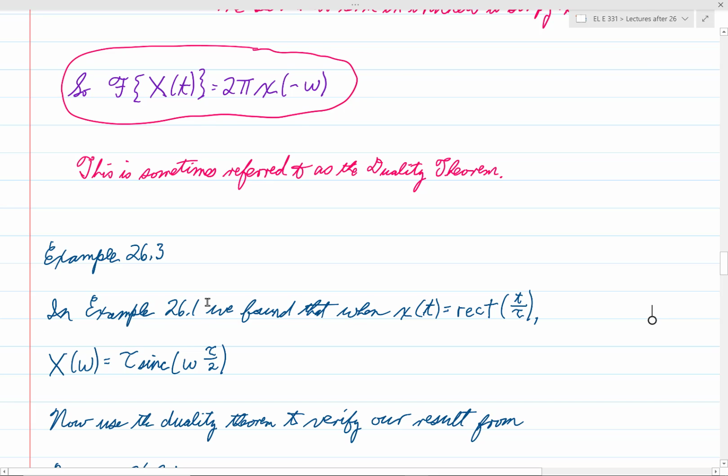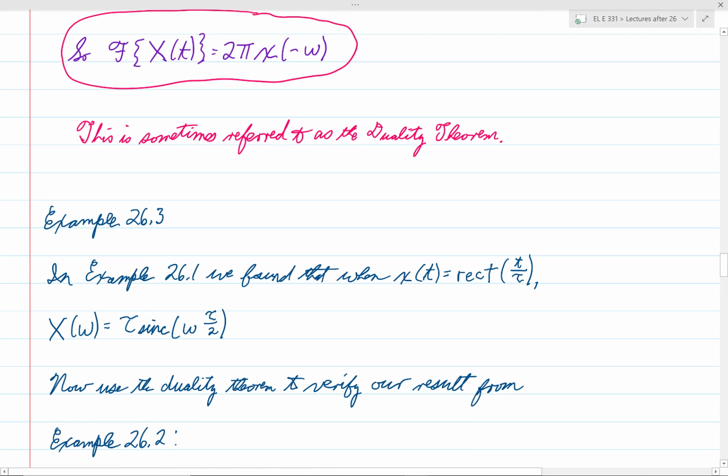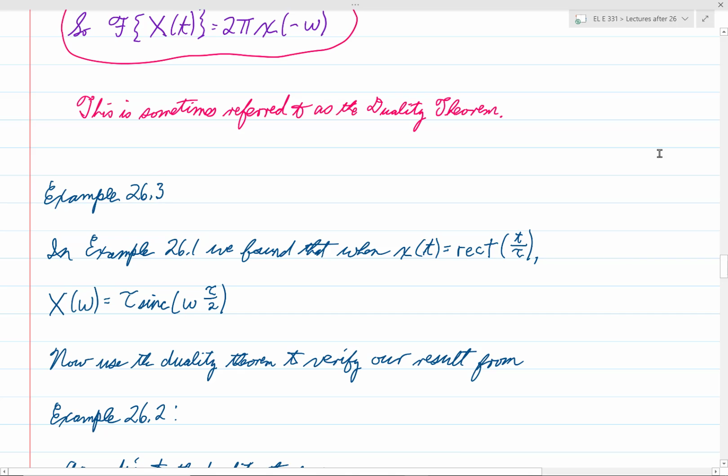In example 26.1, we actually derived that when x of t is equal to the rect of t over tau, its Fourier transform, capital X of omega, is equal to tau sinc of omega tau over 2. We derived that.